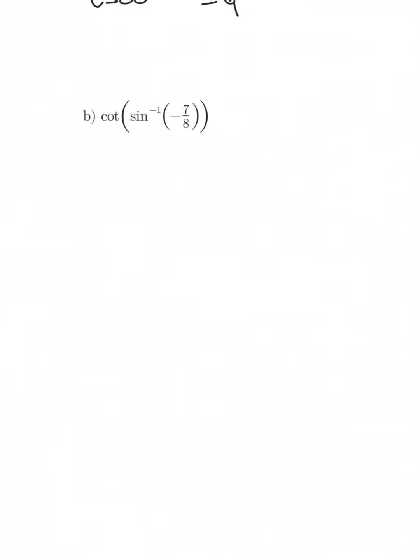If we have a sine and it has to be negative, then we need to be in quadrant 4 again. So we're going to set up an angle in quadrant 4 where the sine relationship y over r will be negative 7/8.